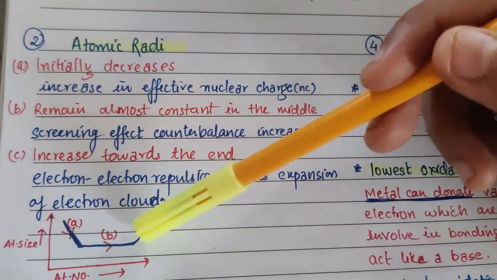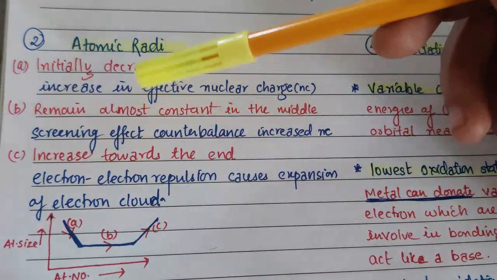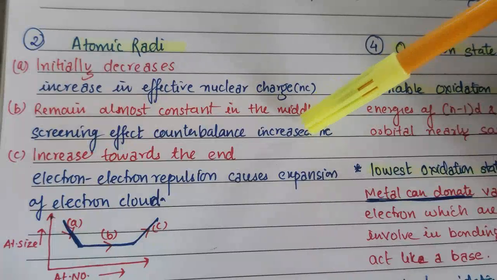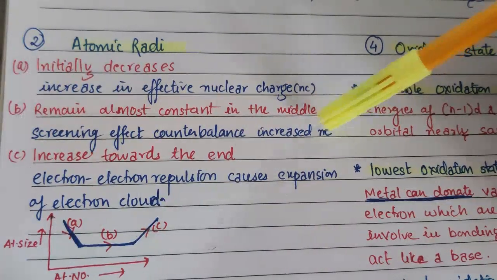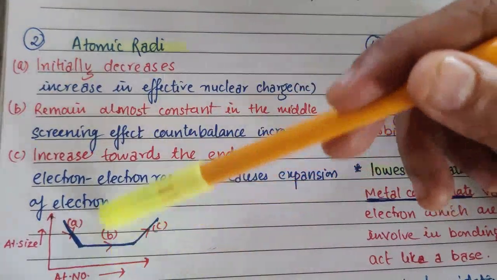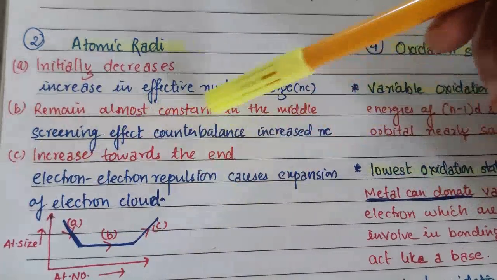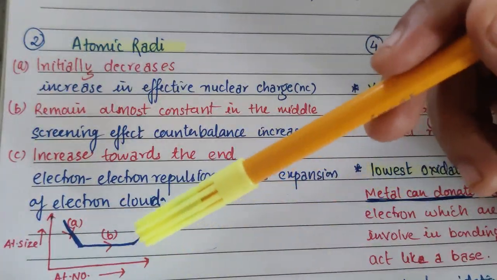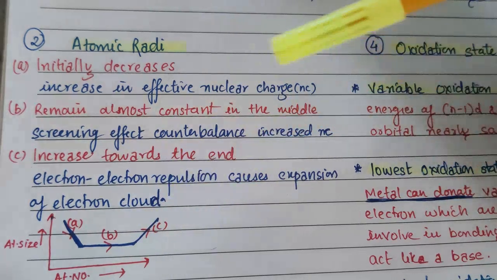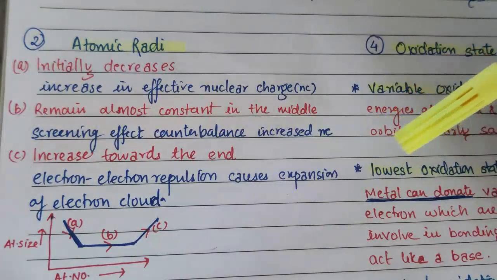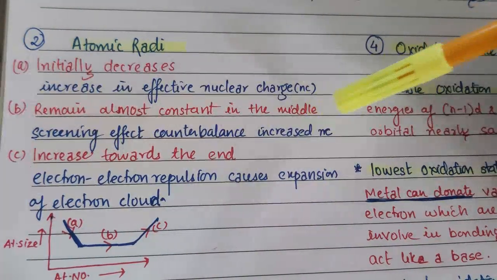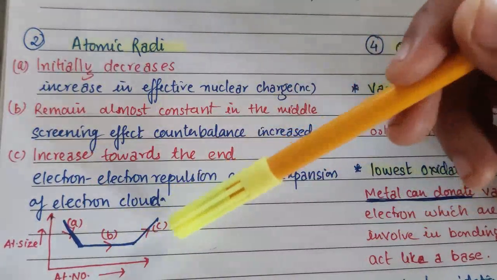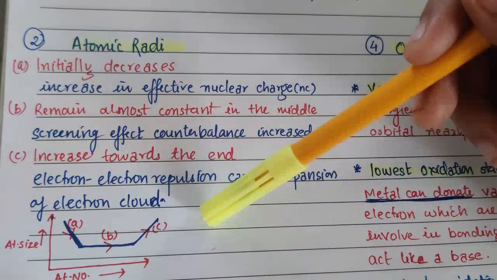In between they remain almost constant because the increased nuclear charge is just counterbalanced by the screening effect of the inner electrons. Then in the last it starts increasing because of electron-electron repulsion, due to which expansion of the electron cloud takes place. So for three different positions, three different reasons are there.